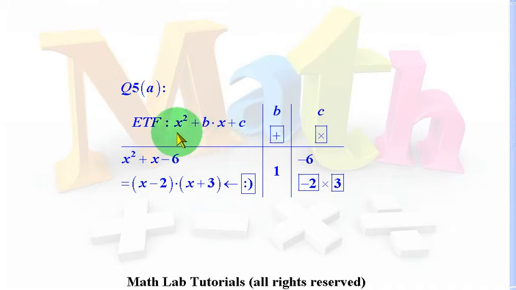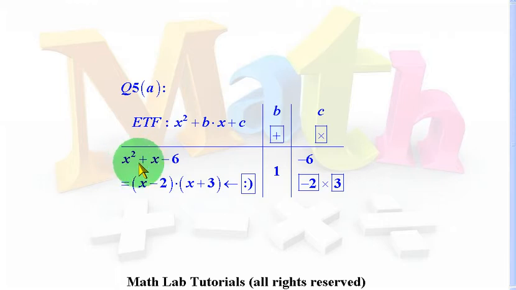It's certainly quadratic, but the a is missing. It's not really missing. The a term is equal to 1. Don't forget that a, b, and c are the quadratic coefficients. But when the a term is equal to 1, I call it an easy trinomial factoring because it's fairly straightforward to do.